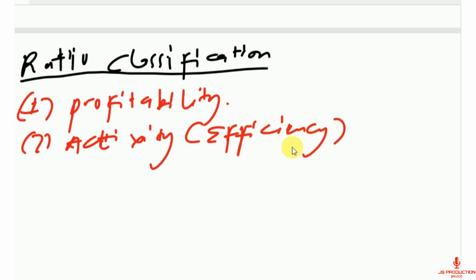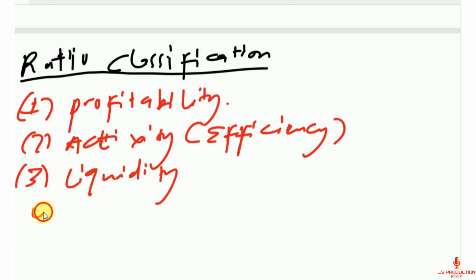Then we also have the liquidity ratio. We also have the gearing ratio, which is also referred to as the capital structure.